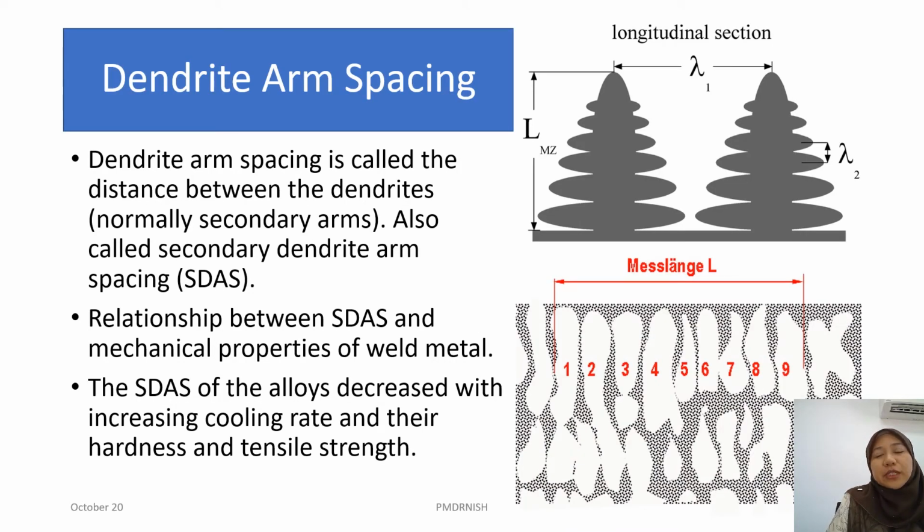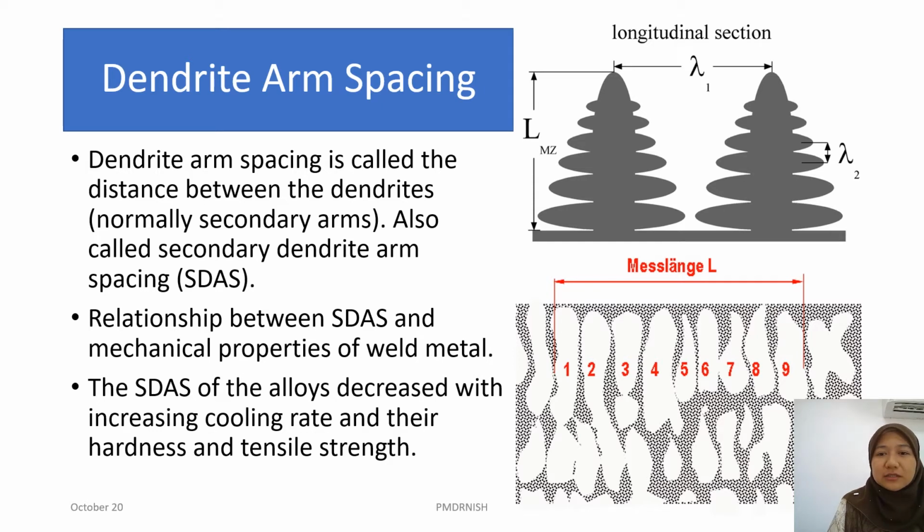So in the fusion zone, the structure is in the form of dendrites. The size of these dendrites will give an idea about the properties of the weldment. Thereby, one way to differentiate the properties of one weldment from another is by measuring the dendrite arm spacing.